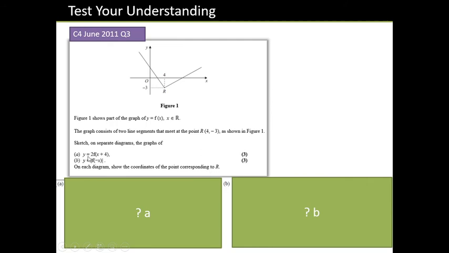Considering the first one, it's going to be translated left by 4. So considering my r has an x coordinate of 4, r is going to move onto the y-axis. And it's also going to be multiplied by 2, so that would mean that the y coordinate of my r has doubled to be negative 6.